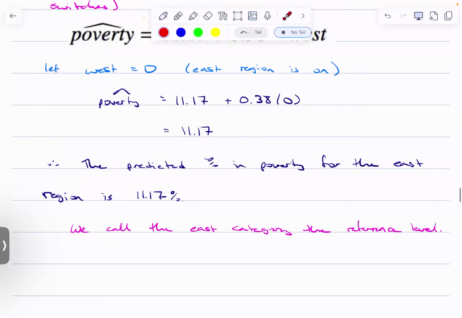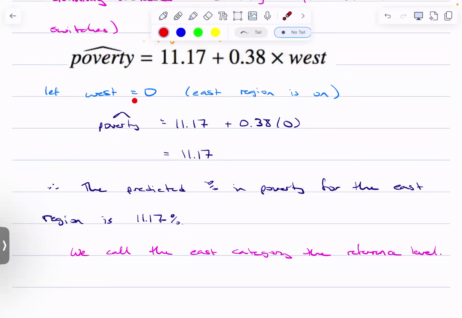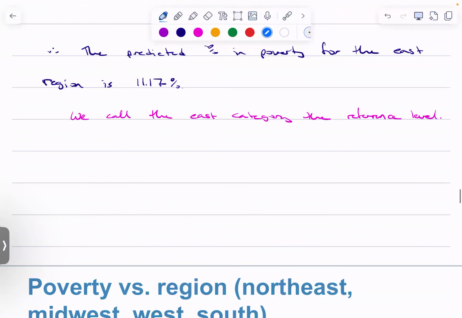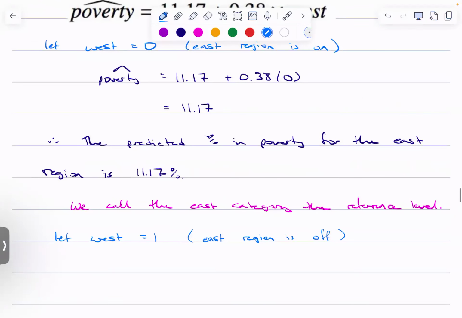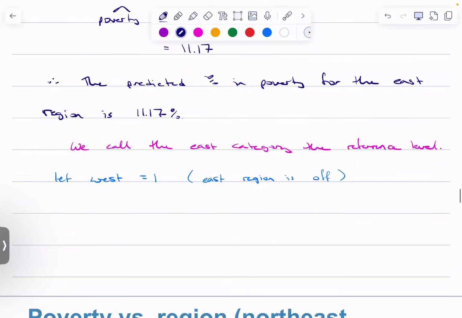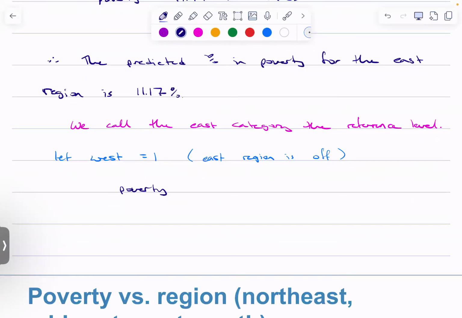Now, what if I turn on the West, so it's implied that the East is off? What if I let the West be 1? That means the East region is off. Then the predicted poverty is 11.17 plus 0.38 times 1.